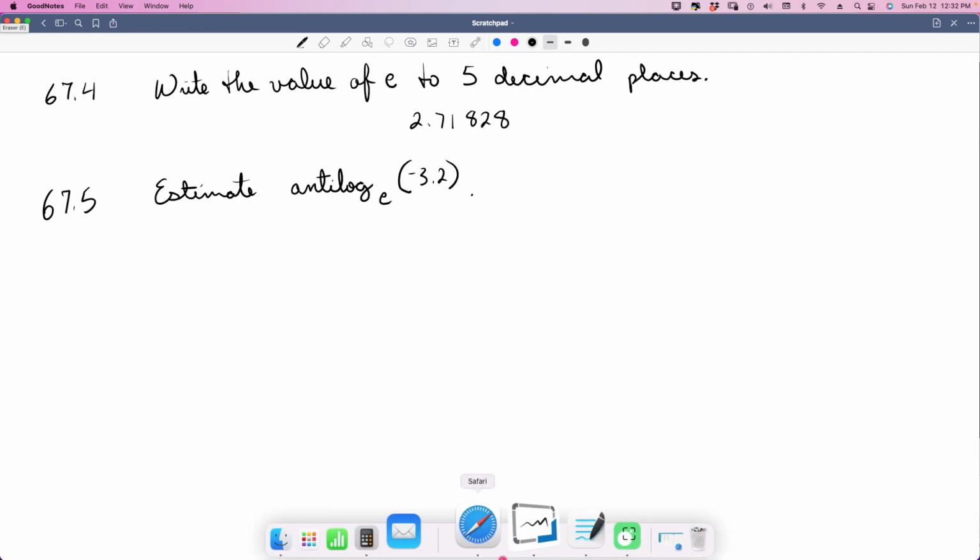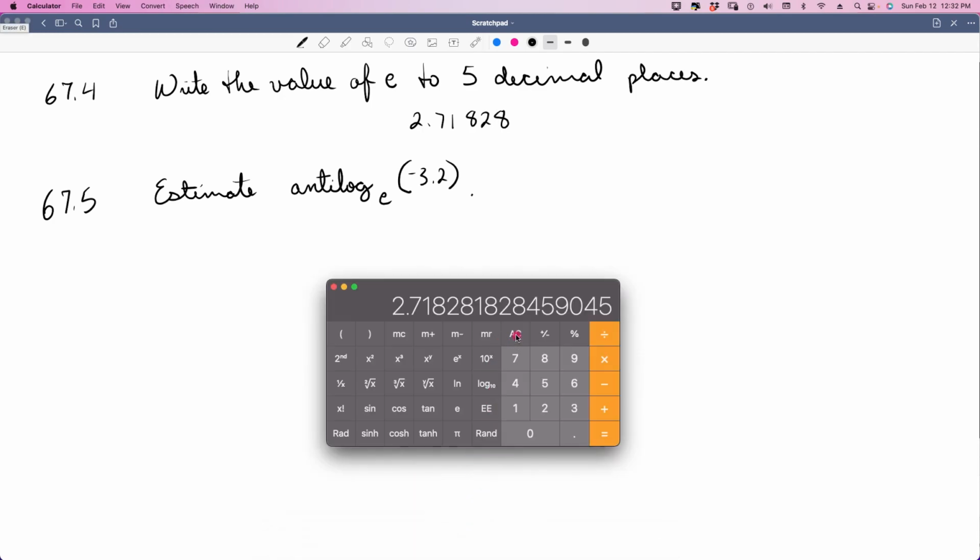And if you don't have the e key all by itself, then you can type in e, hang on, 1 is the exponent, then the e to the x, and then it gives you the value of e. So the exponent of 1 will give you the value of e if you have the e to the x key, which is the same thing that we just found out, 2.71828. All right, that one was pretty straightforward.